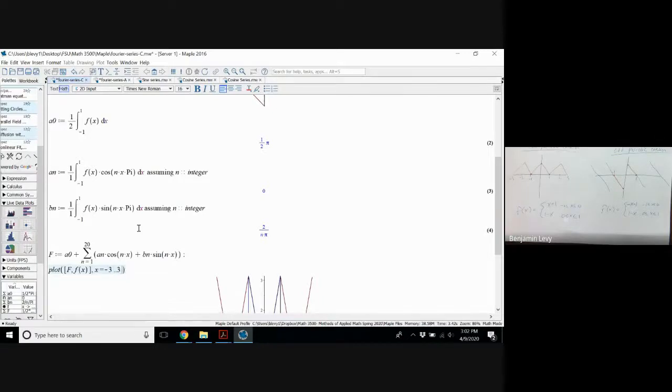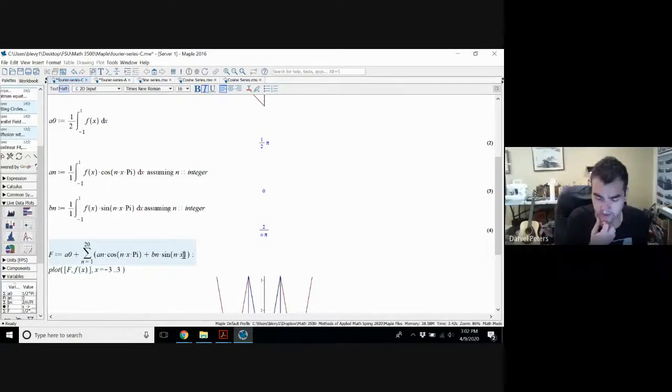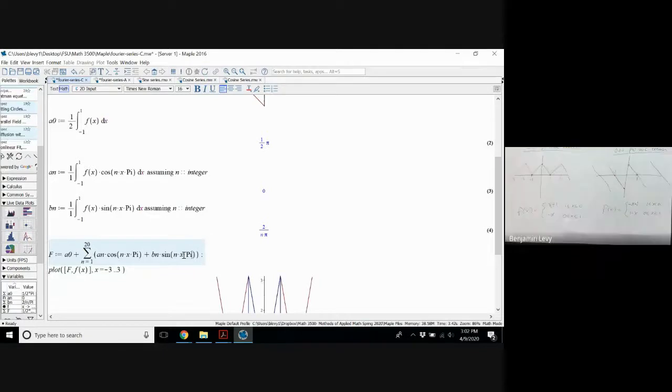Oops, that's not right either, though. So I need nx times pi. L in this case is just 1. L is still 1. The interval is 0 to 1, so L is 1.